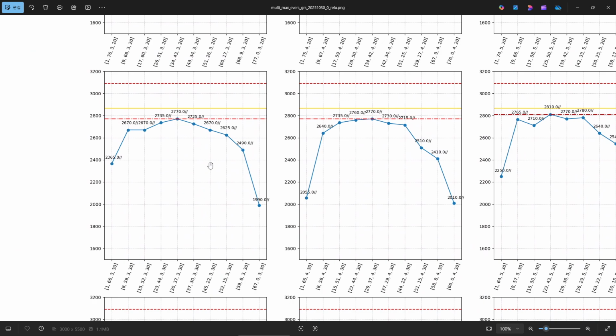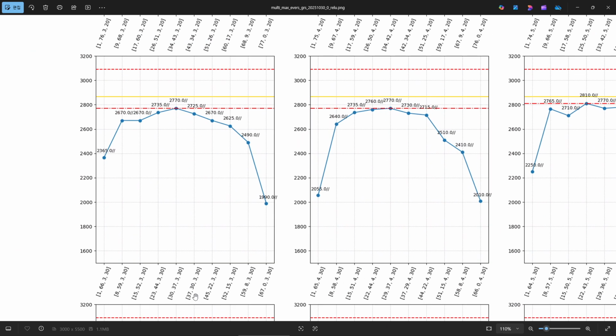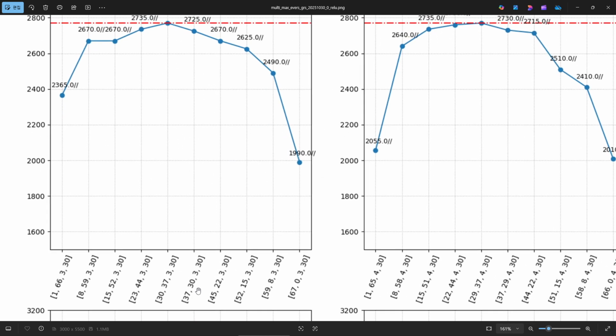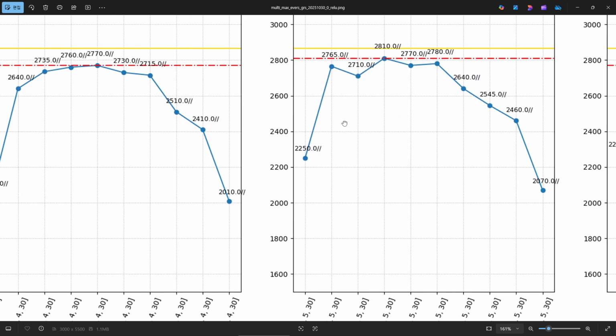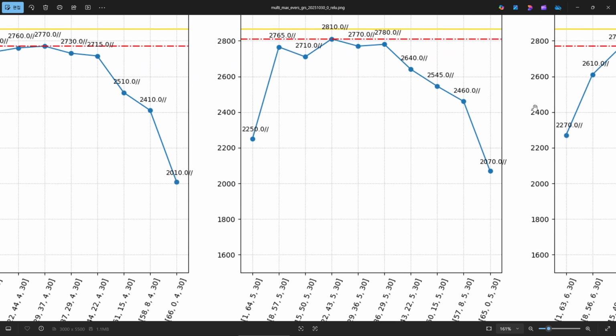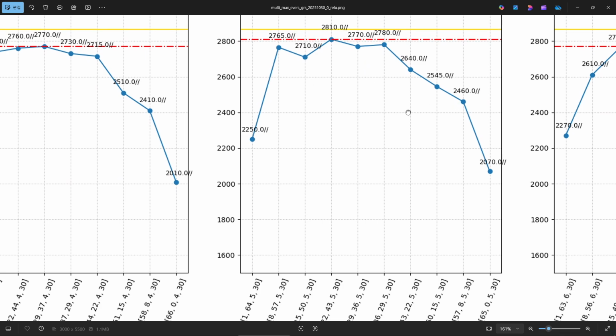In other cases, if the mutate event ratio is high or higher, the maximum ever will start going down. The right half is lower than the left half.